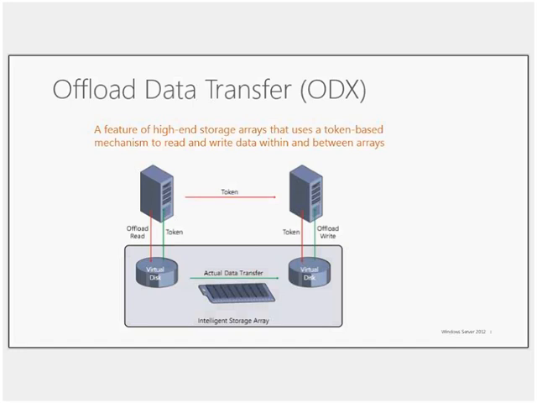ODX can also provide benefit for non-virtualized environments, such as when you're transferring large database files or video files between servers. So once again, you're basically copying the token across while actually copying all that data at the actual data transfer layer on the Intelligent Storage Array.